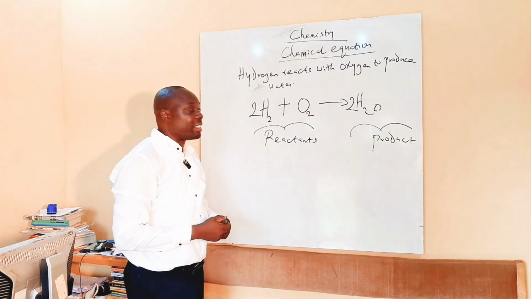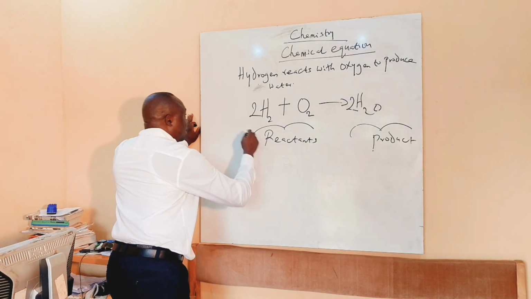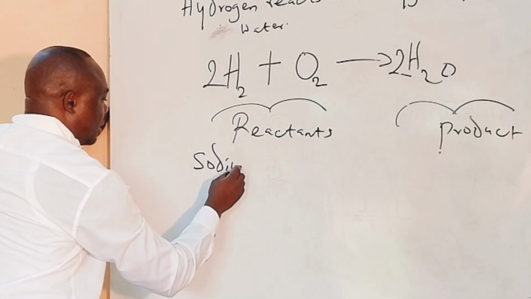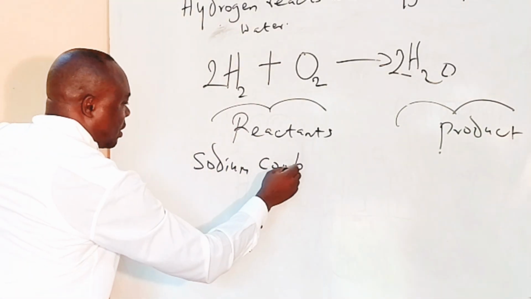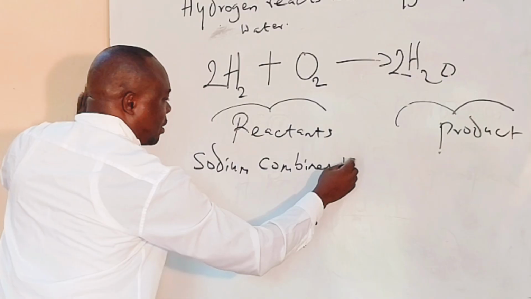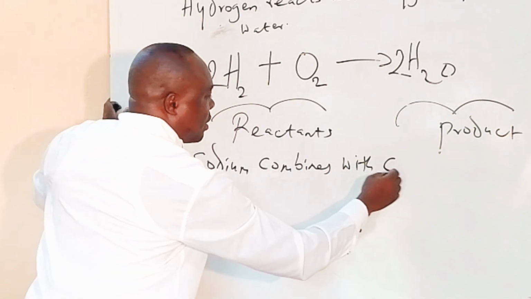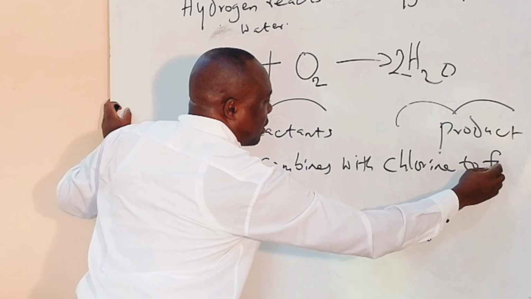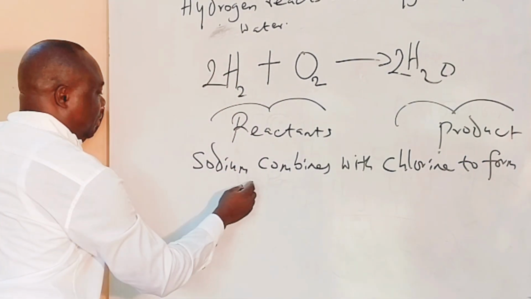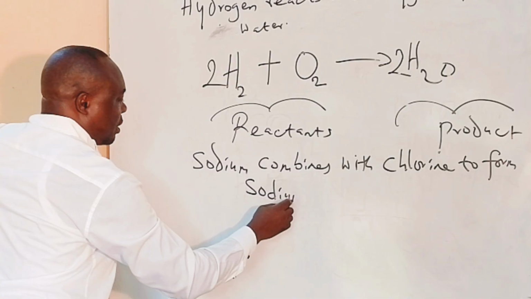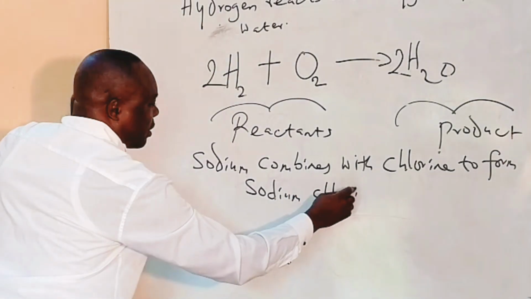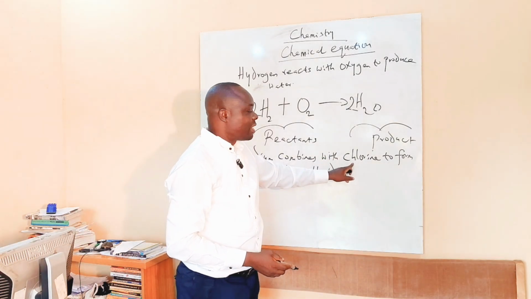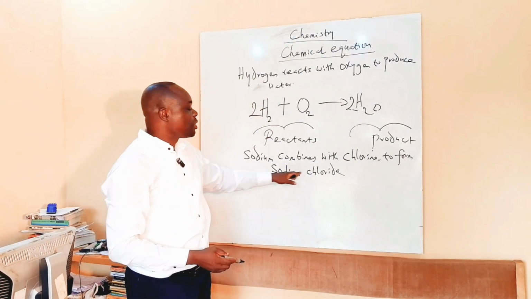Number 2, statement again. Sodium combines with chlorine to form sodium chloride.